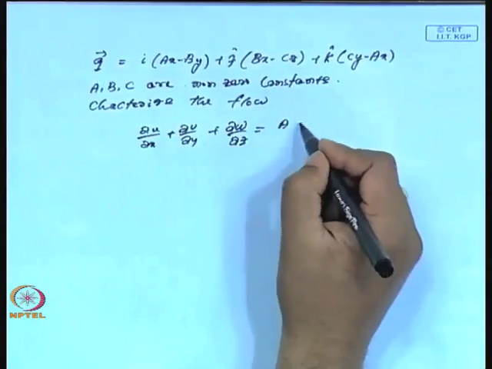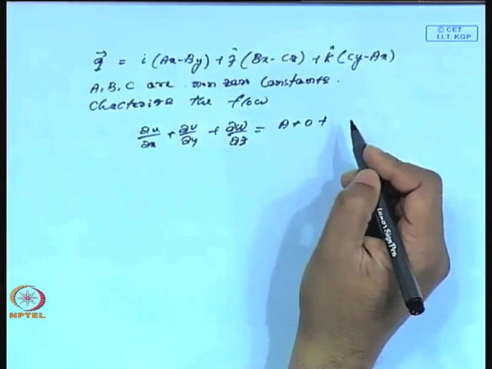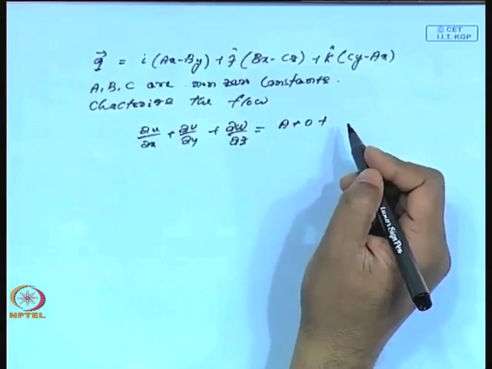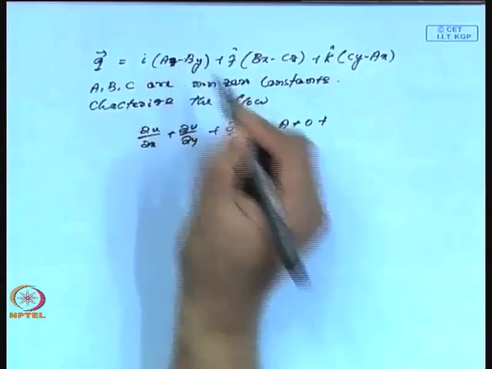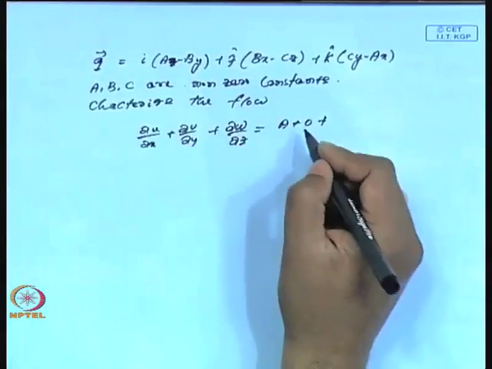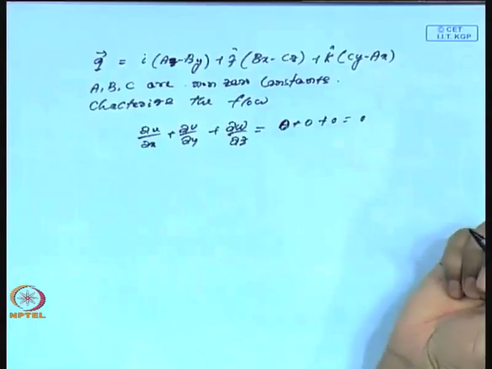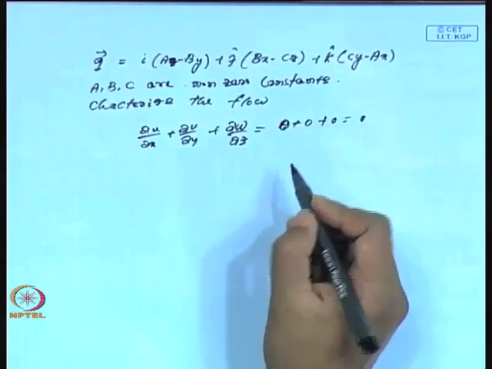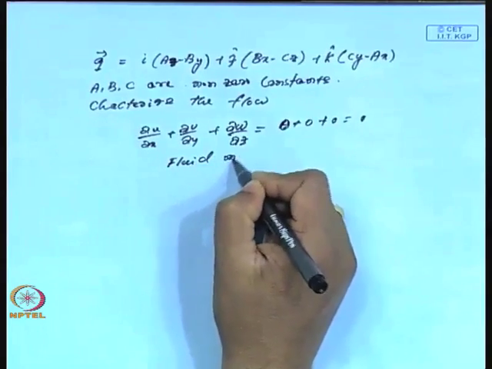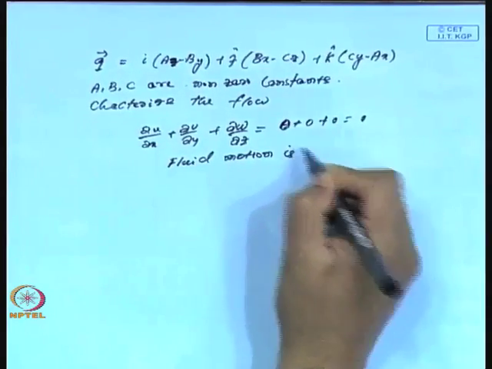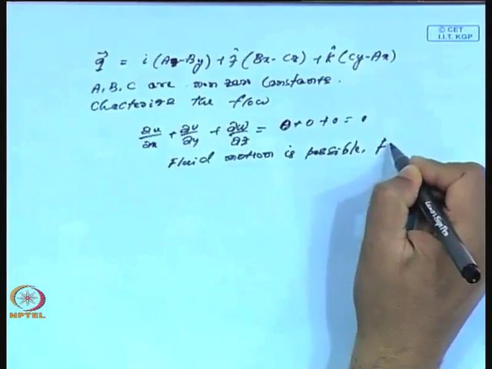Del v by del y is 0, and del w by del z is minus a. So, this is 0. So, fluid motion is possible and the flow is incompressible.